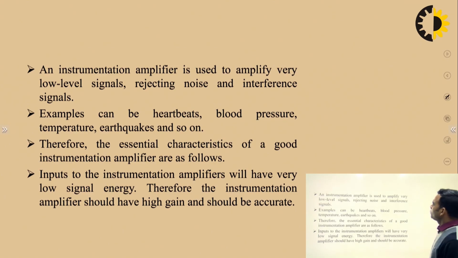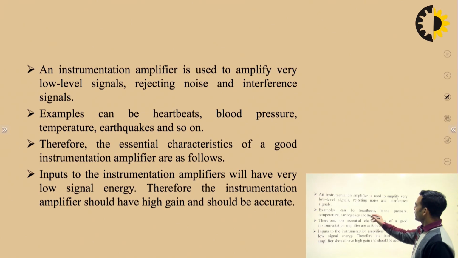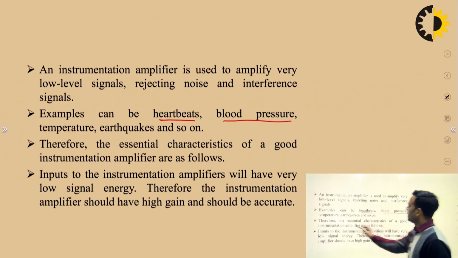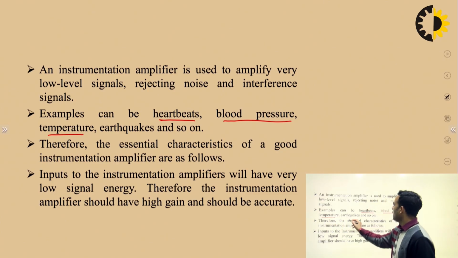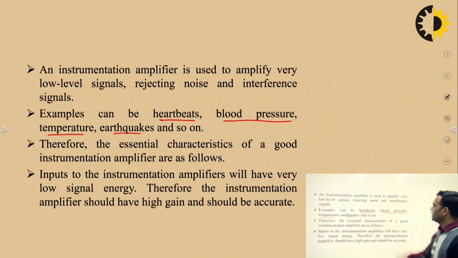Instrumentation amplifier is used for amplifying very low level signals, rejecting noise and interference. Examples can be heartbeat, blood pressure, temperature, earthquake, as well as some other kinds of signals.